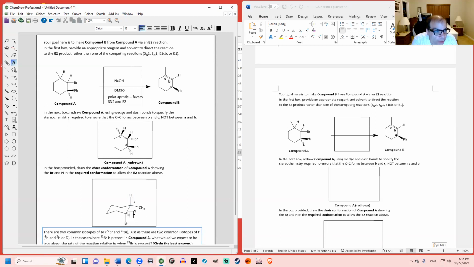This is carbon B over here. It is the bromine down and the hydrogen up. And then on the next carbon over, we have the phenyl group up and the hydrogen down. Because the phenyl group's on a wedge bond, the hydrogen is on a dot bond.